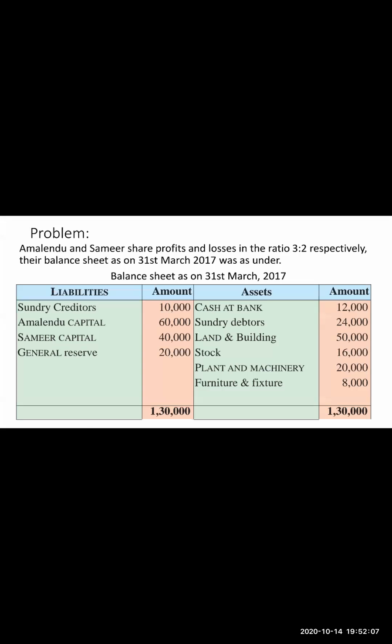Now before that, as I said, from the balance sheet, whenever journal entries are asked, you are going to see whether any accumulated profit or any accumulated loss is given or not in the balance sheet.